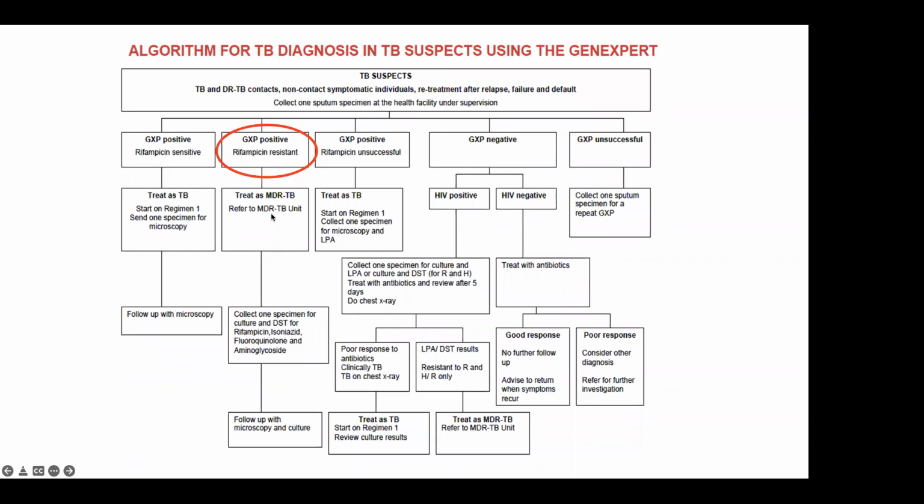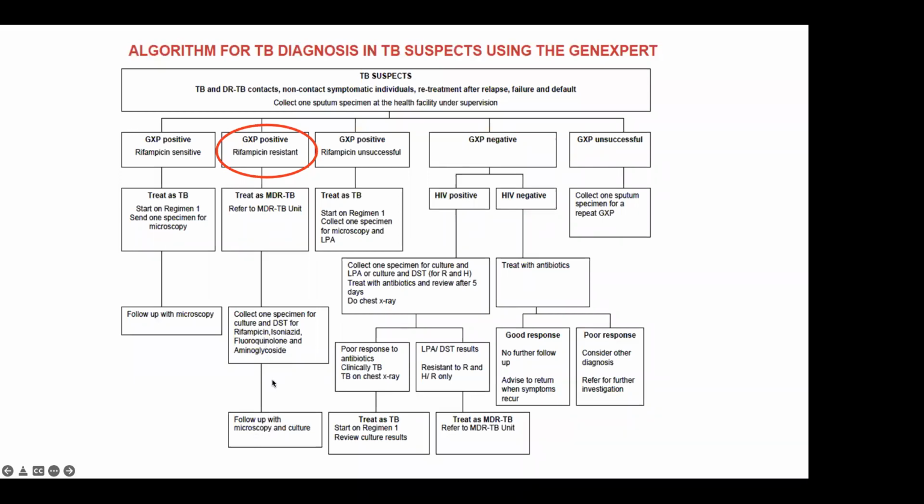But for all your DRTB patients, you need to collect a further specimen for culture and DST. This is DST for first-line drugs, rifampicin and isoniazid, but also for second-line drugs, your fluoroquinolones and your injectables, the aminoglycosides. They would also do a smear to know how bad the infection is.